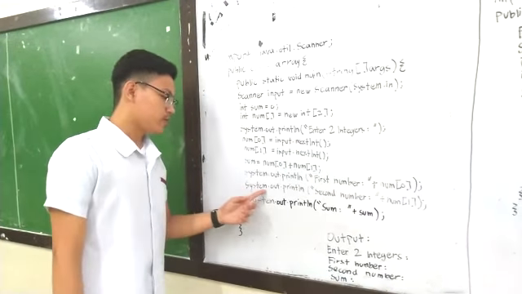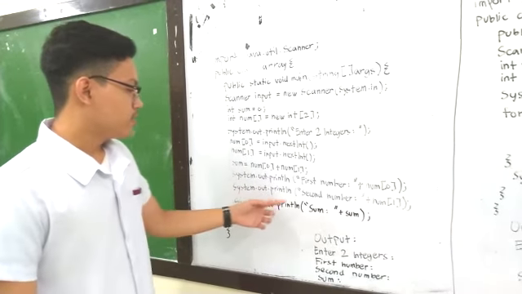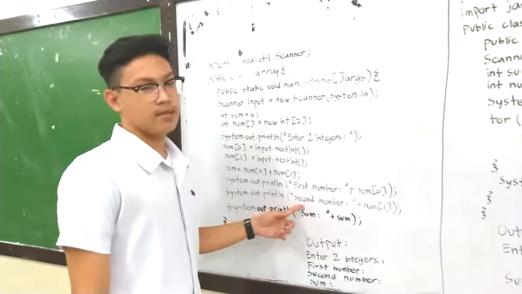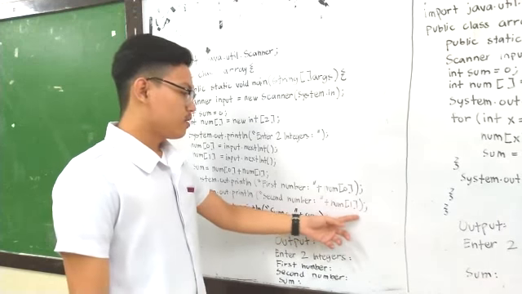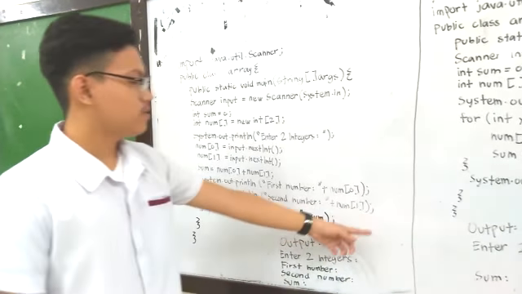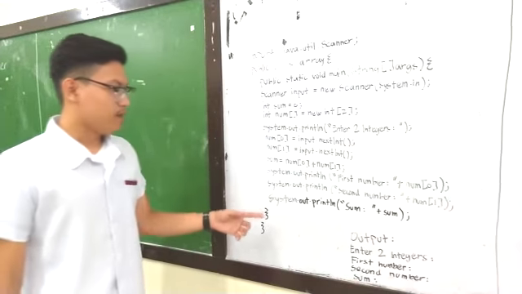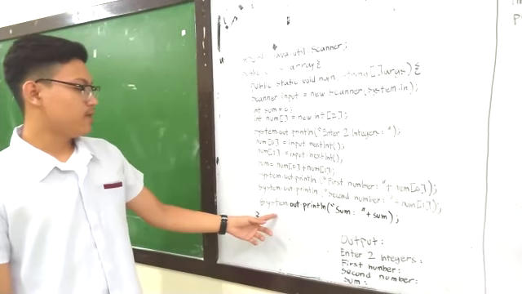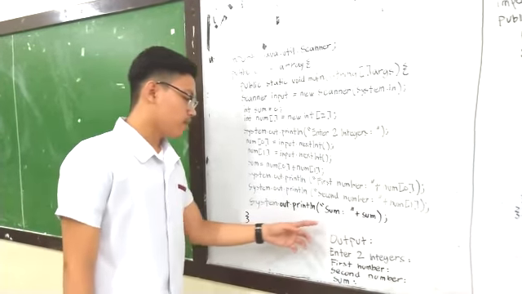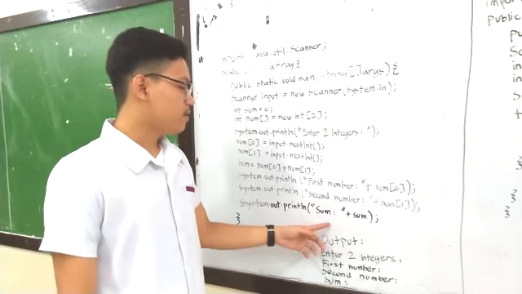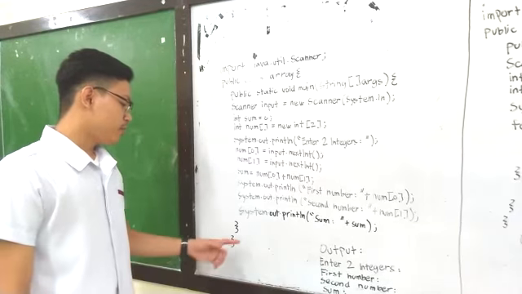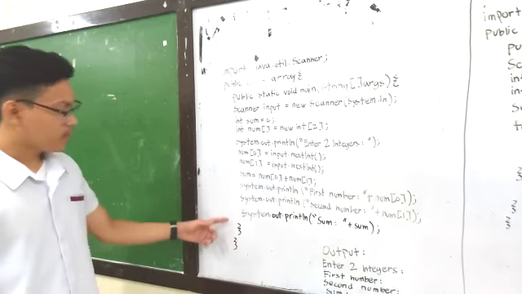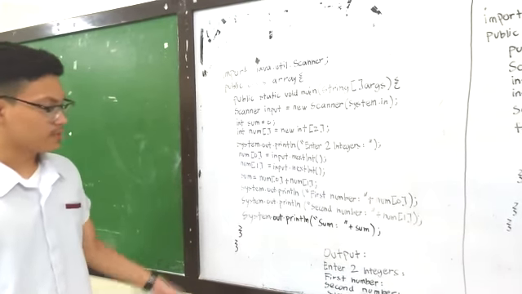Sa sub po, System.out.print, open parenthesis, then "Second number" plus num index 1, then close parenthesis, tsaka semicolon. Then lastly, System.out.print, sum, pag-a-add nyo lang po sila. To terminate the program, kailangan po natin maglagay ng dalawang close curly braces.